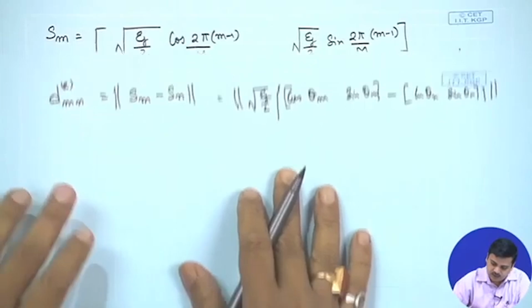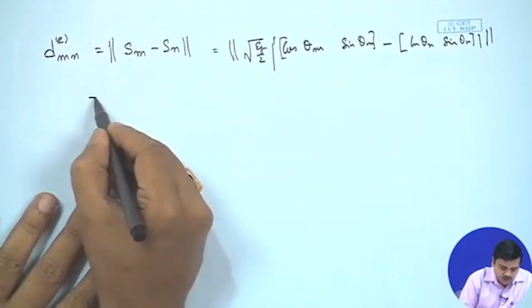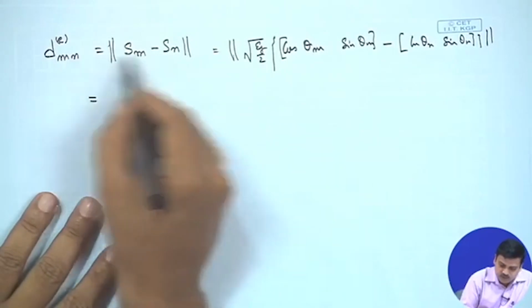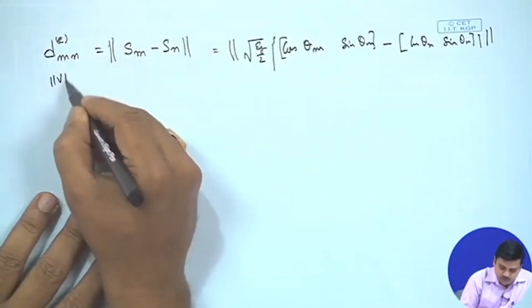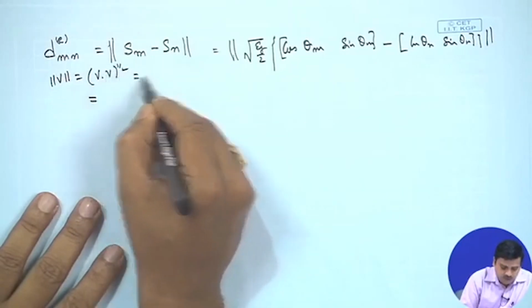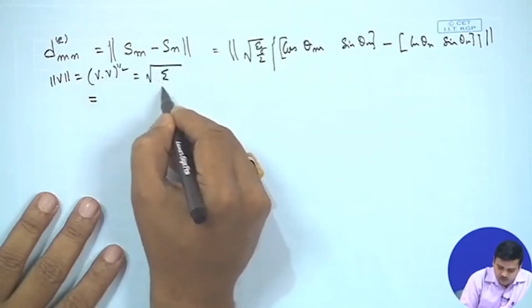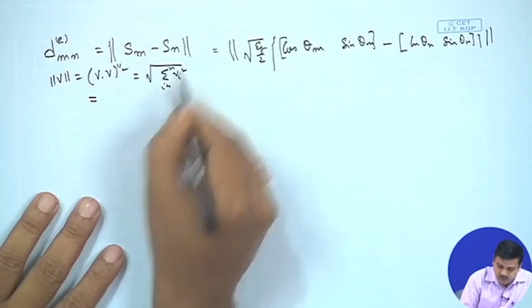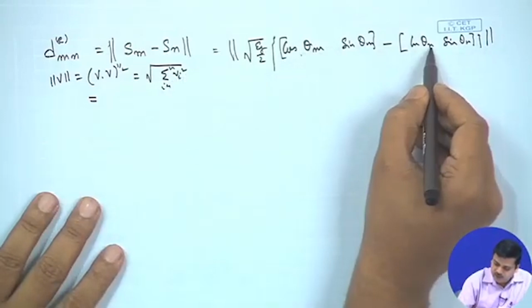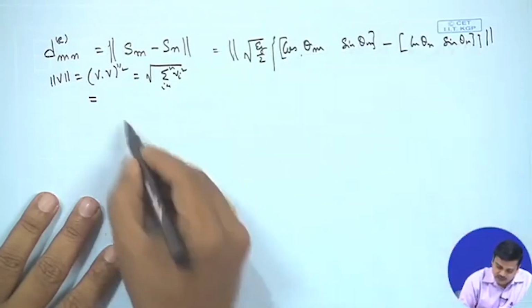If you continue on this, we would just like to recall how you evaluate the norm. If you remember, the norm of v was v dot v to the power half, or square root of the sum over i equals 1 to n of v_i squared. Since we have this as a vector, we are going to take the subtraction of the first component and the second component.